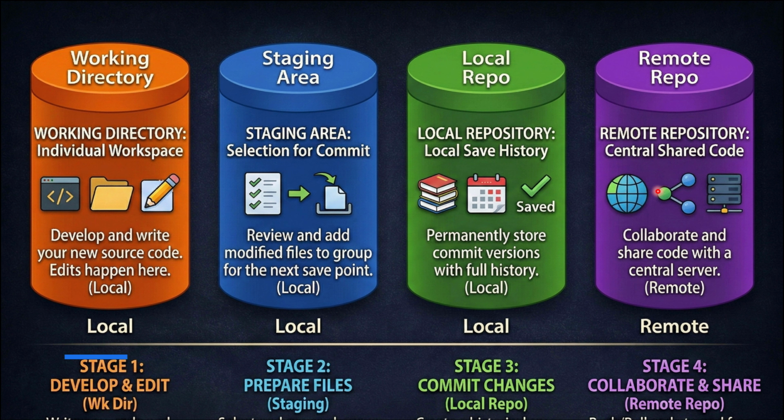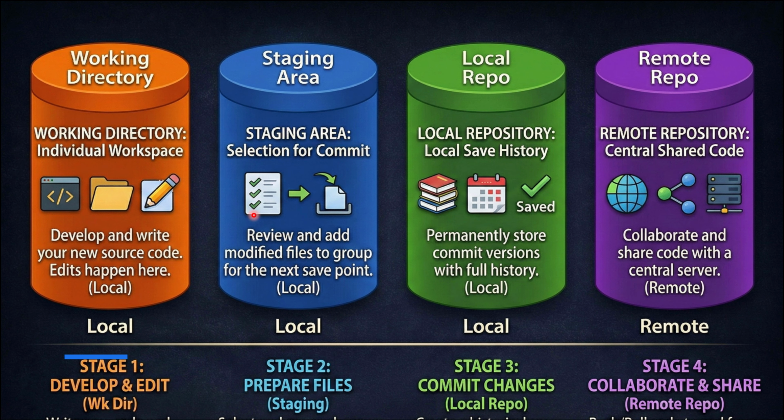Before I end this session, let me quickly summarize. The working directory is where we edit and write the code. This is local on our machine. Then we have the staging area, again a local one, where we select the changes for the commit.